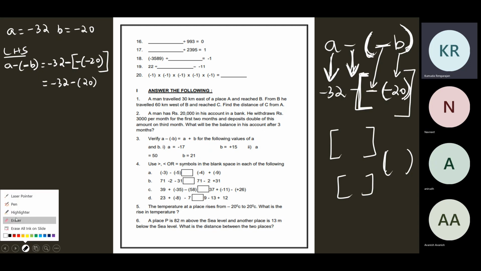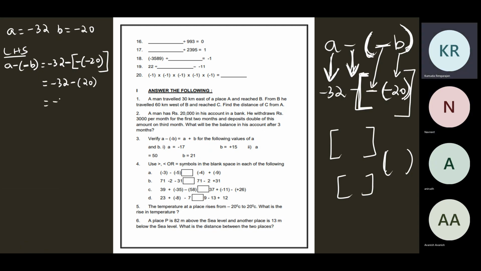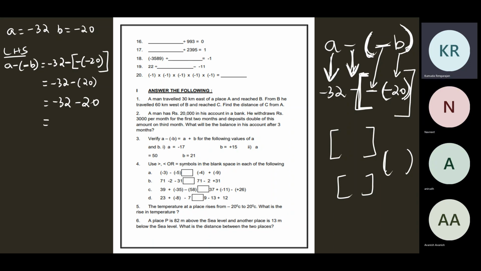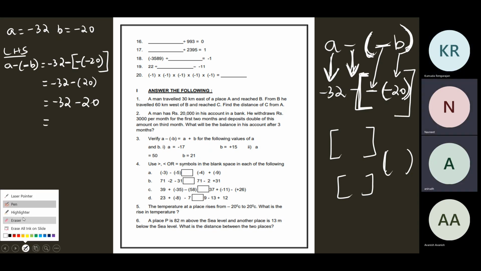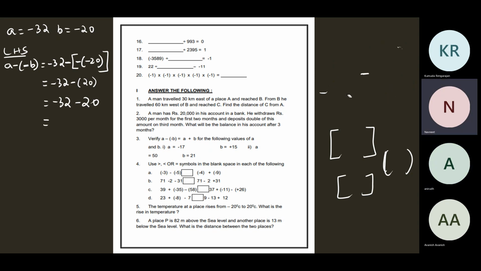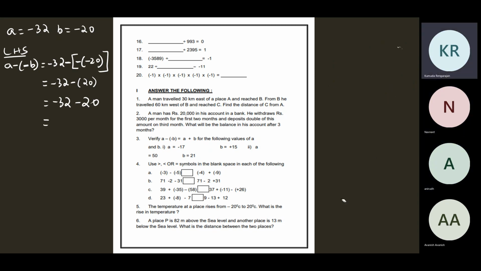Now open the bracket. What is it? Minus 32 minus, minus into plus, minus 20. So what's the answer? Ma'am, the answer is minus 52. Minus 52. Yeah, minus 52.